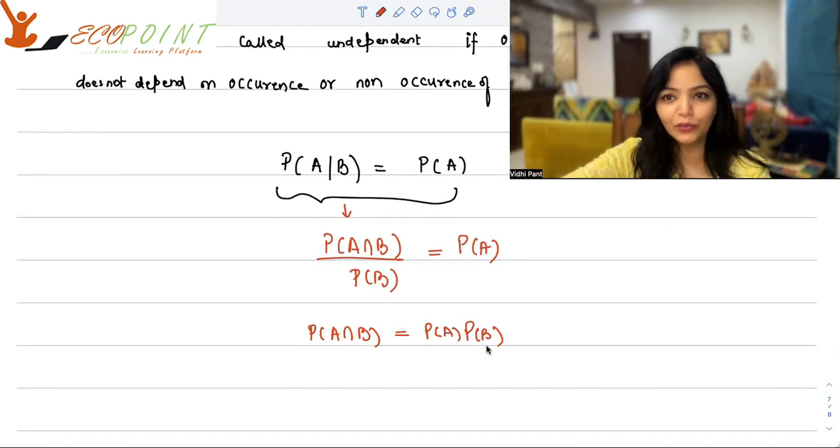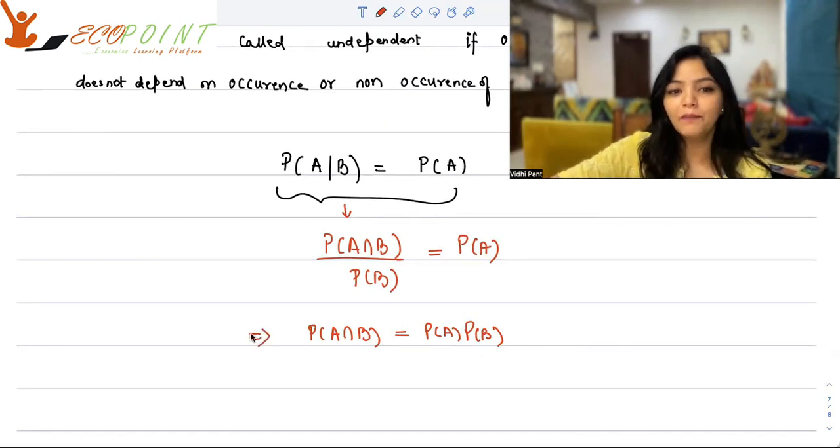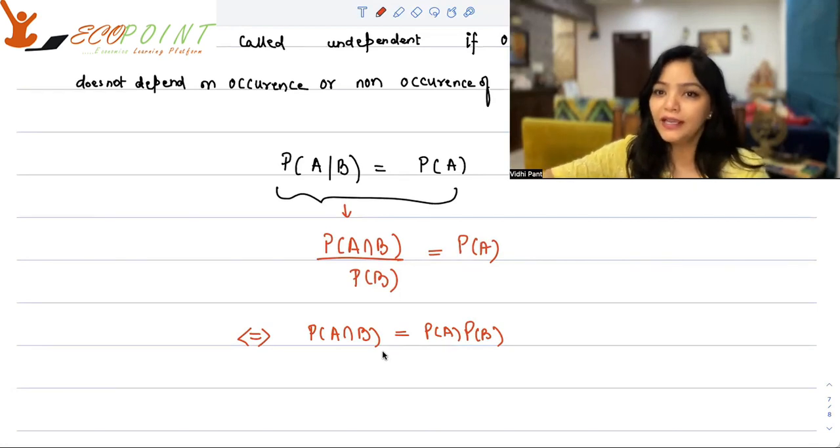And this gives you the formula for independence of two events A and B. It's an if and only if situation. If this happens, then A and B are independent. If A and B are independent, then this will definitely happen.